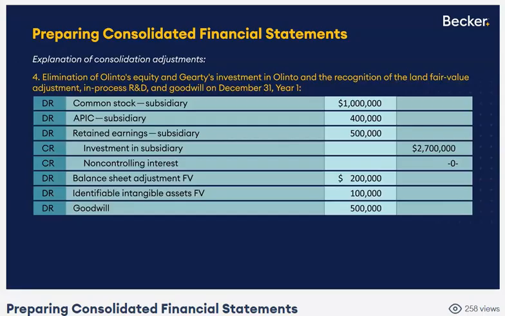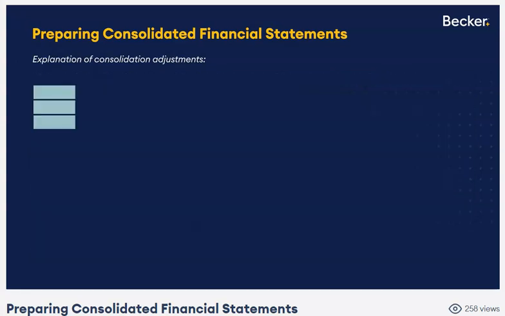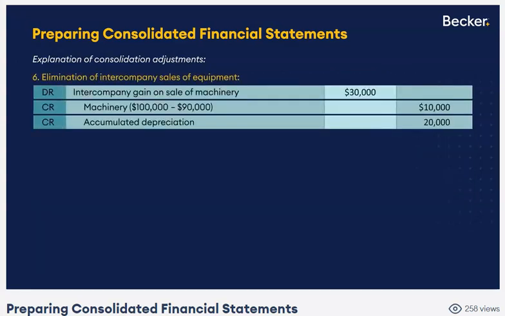We adjusted the balance sheet for the $200,000 worth of land. We created the intangible for 100,000 and the goodwill for 500. The land transaction, we got rid of the $25,000 gain and wrote that other piece of land down to 175. We had the equipment where we had the intercompany gain of 30 and we said, can't take that. So we eliminated that.